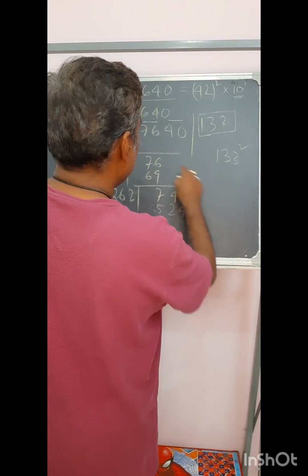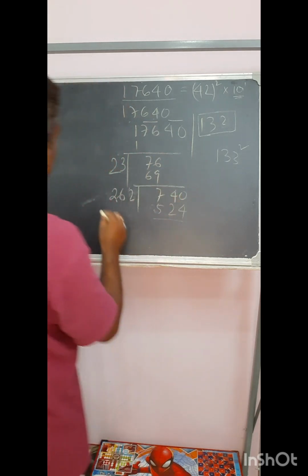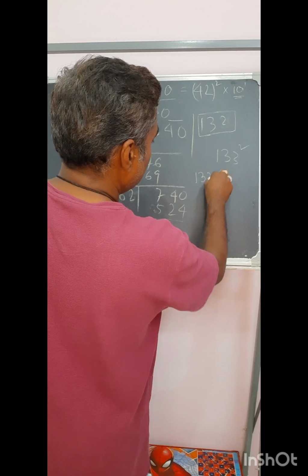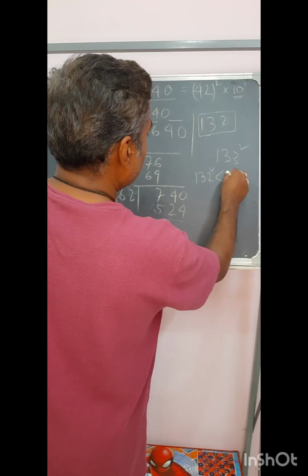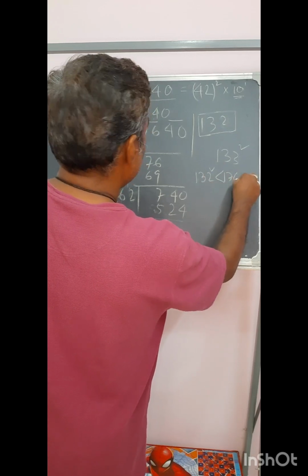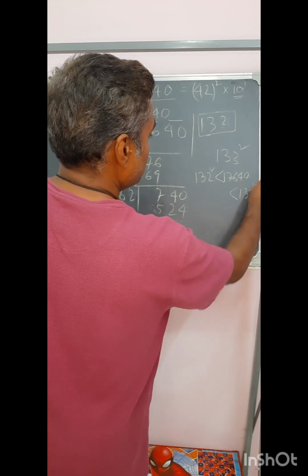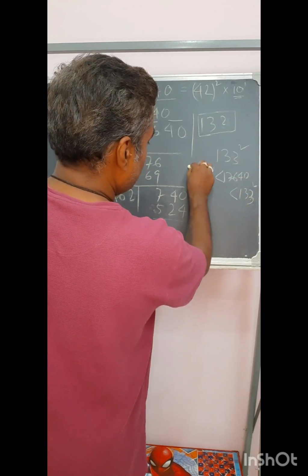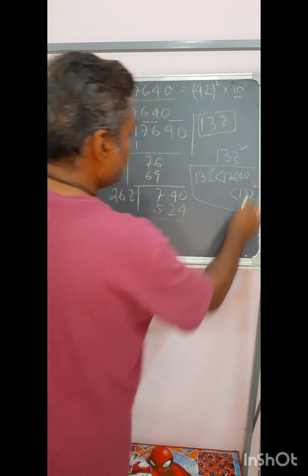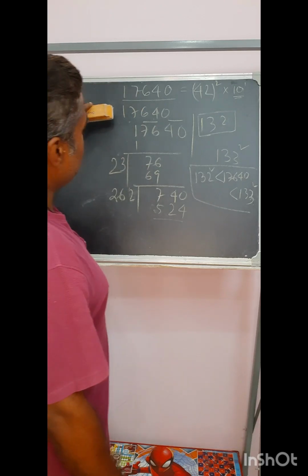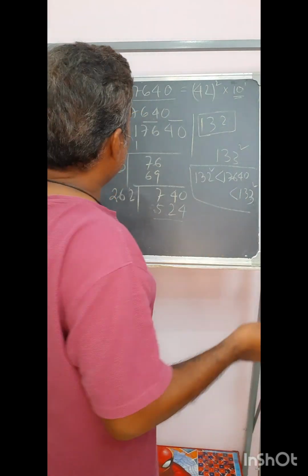So what I am to conclude is that this number lies between 132 square and 133 square. So this range creation is a must to conclude all such problems related to this number, which will convert it to a perfect square.